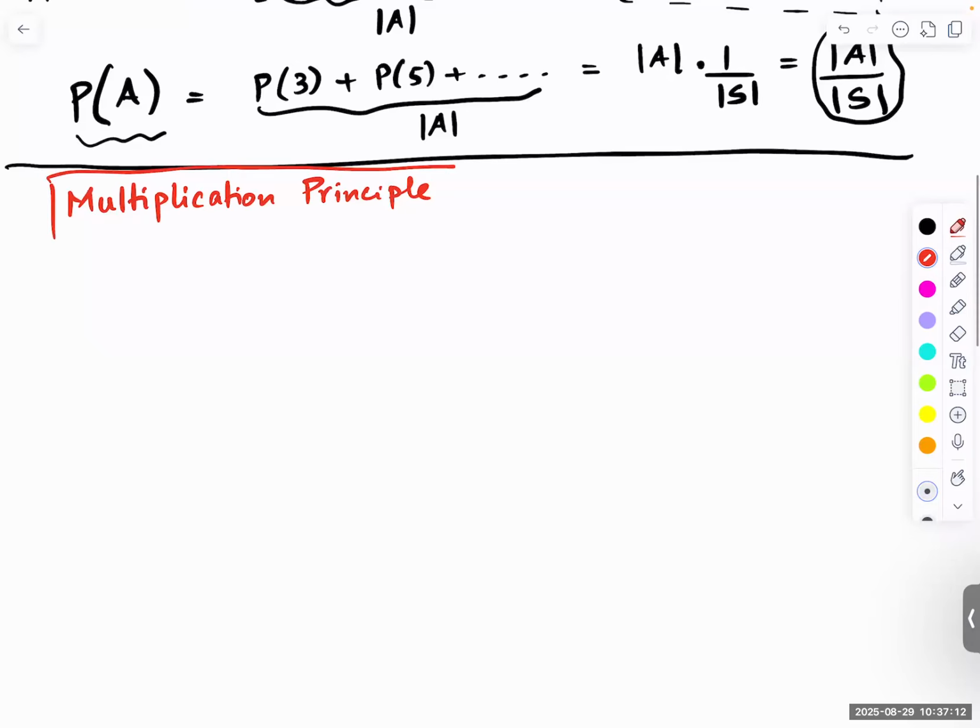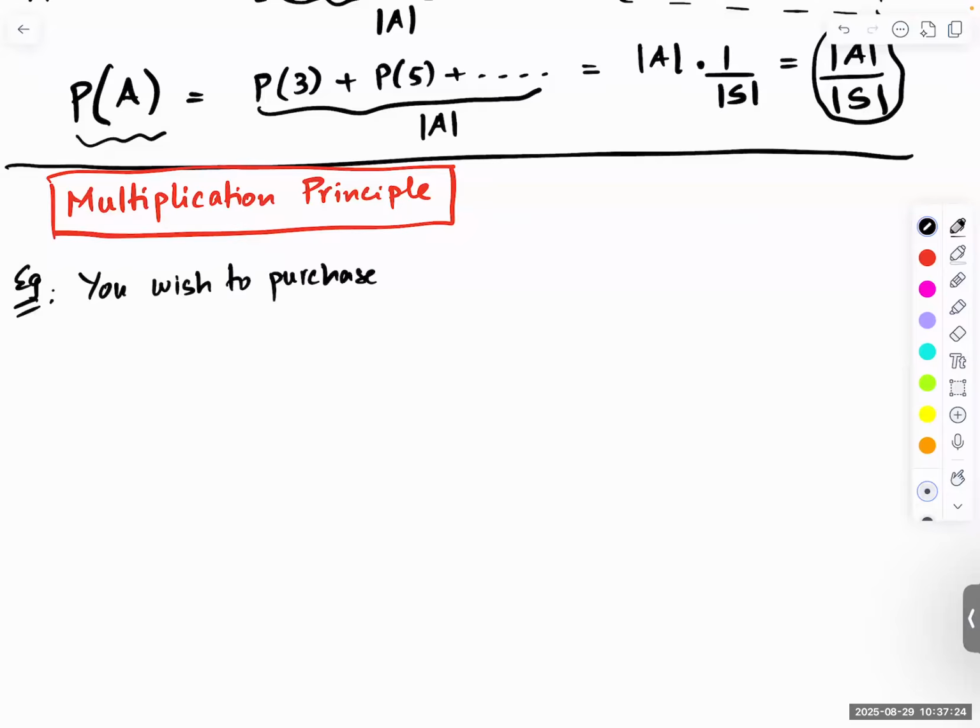Okay, a very simple concept. I'm going to start with a very simple example first. Suppose you wish to purchase, say, the latest iPhone, and you have the following choices to pick from.